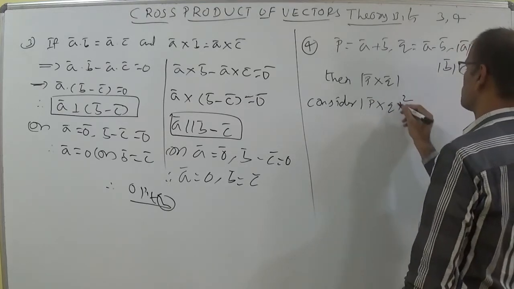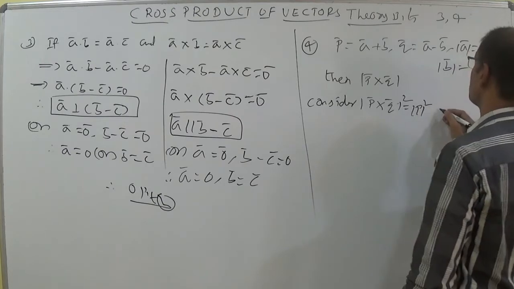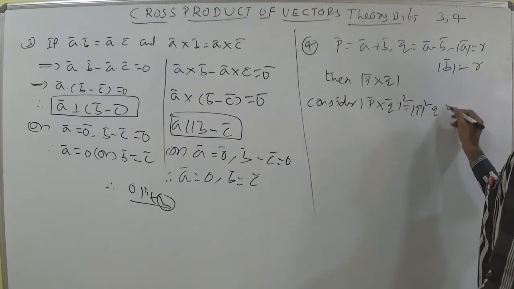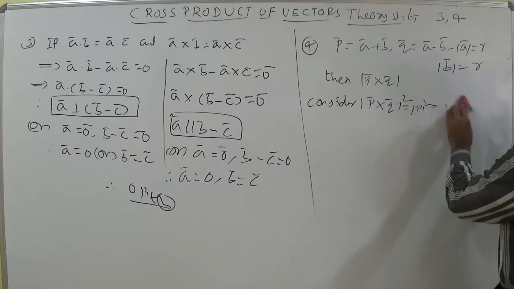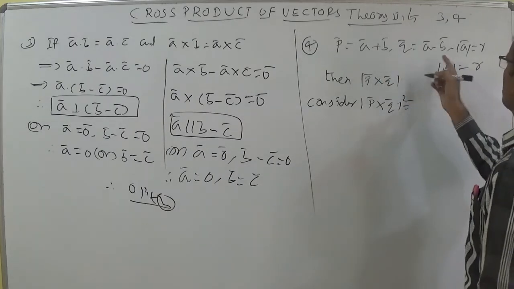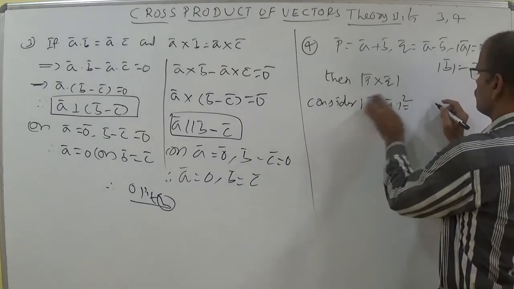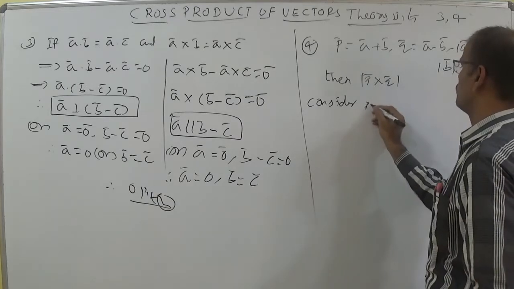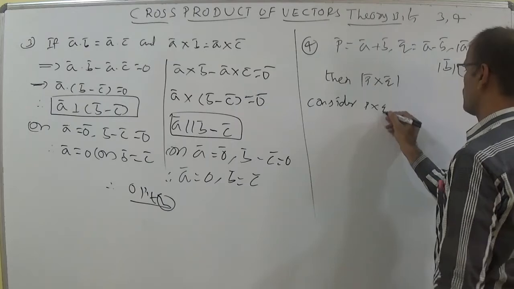So what is the formula of P bar cross Q bar? Mod P square into mod Q square minus, let us consider this one. What is the value of P bar cross Q bar? A plus B into A minus B. First let us do P cross Q. Later, if it is possible, we can do square.